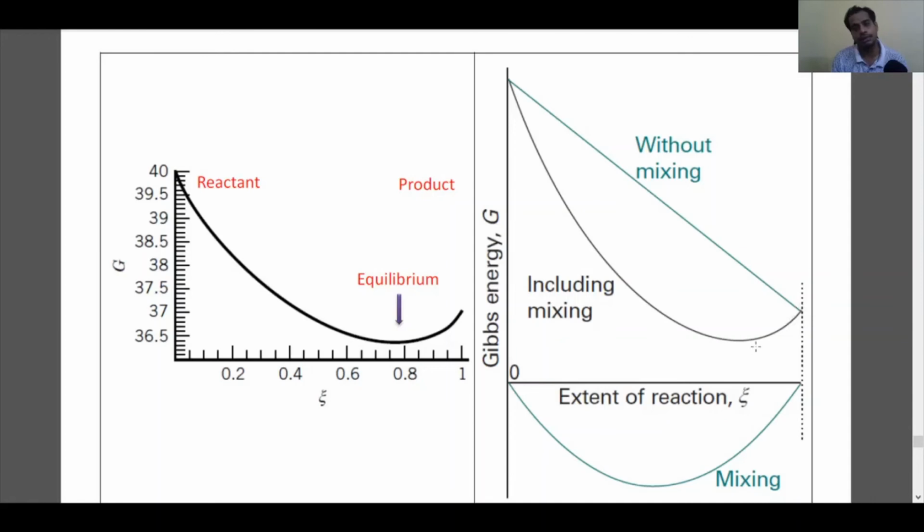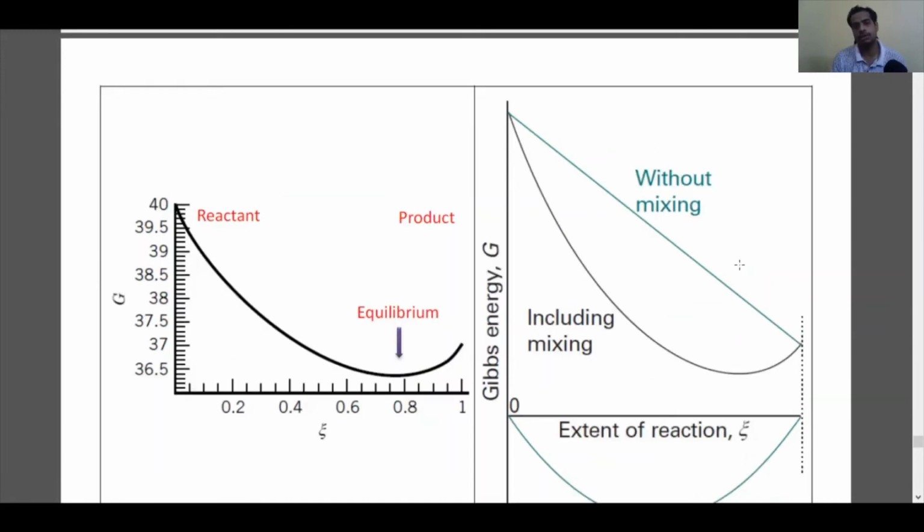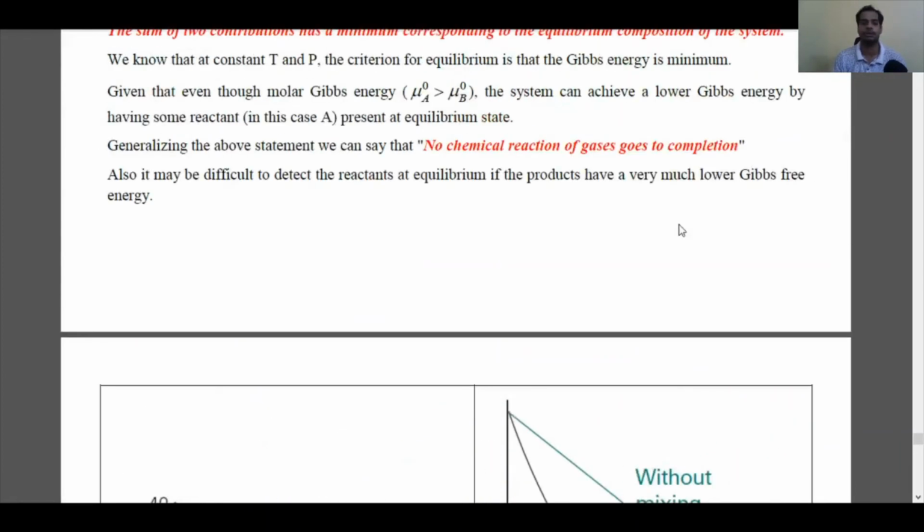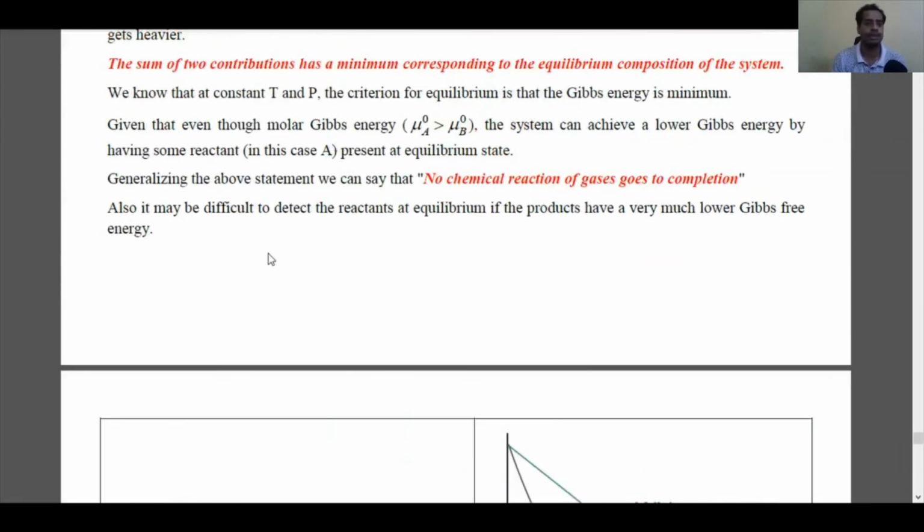But if there is a mixing term, then all the reactant will not go to product. Before forming 100% product, they will find a state of equilibrium and they will be happy to be there. They will not go towards complete product formation. If there is no mixing term, then it will go towards 100% complete product formation.